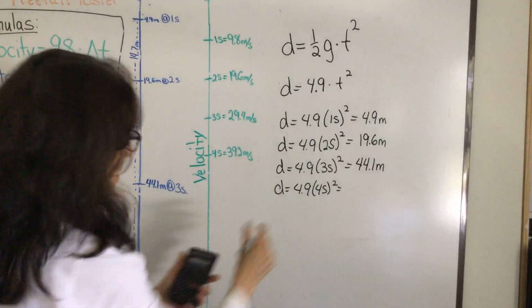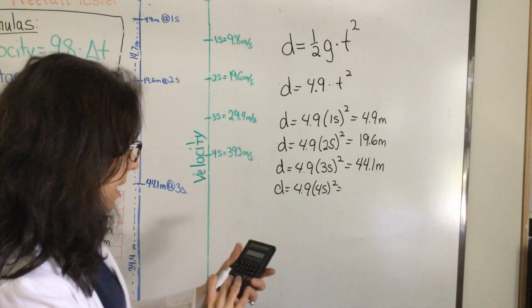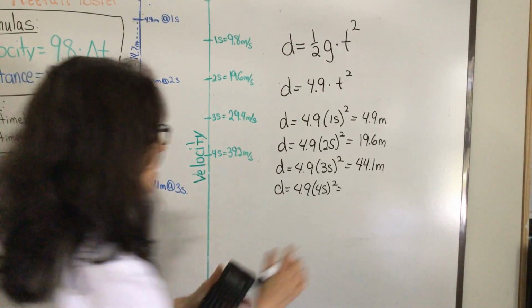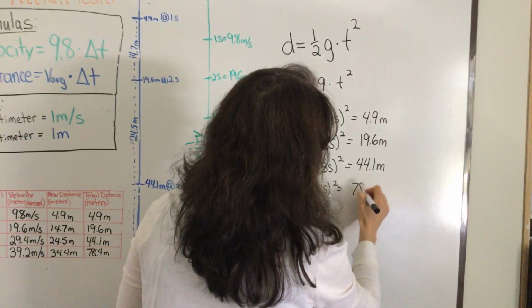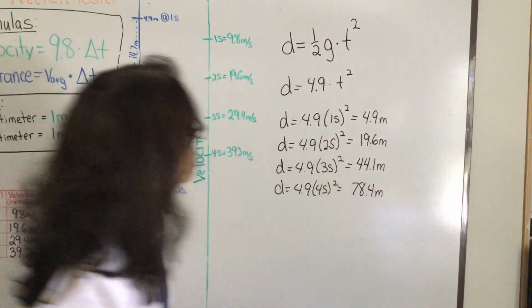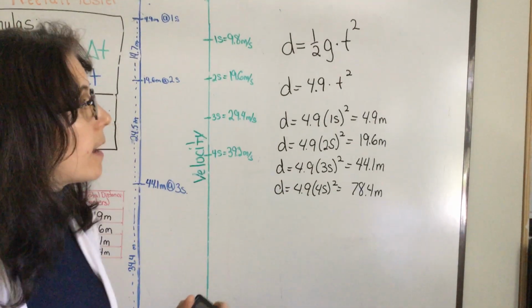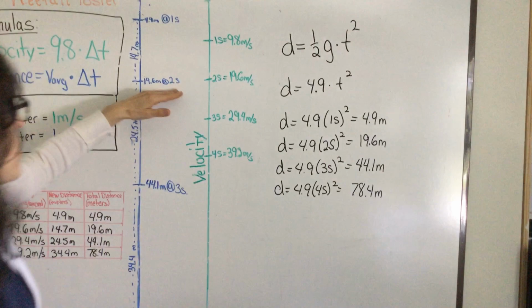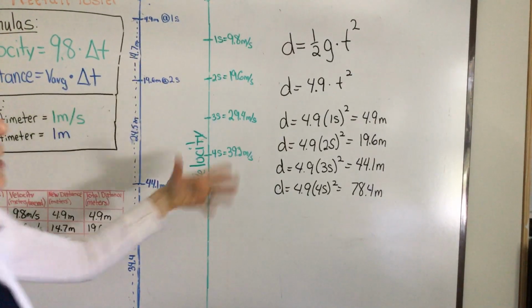And if we did the last one, 4 seconds, 4.9 times 16, we would get 78.4 meters.